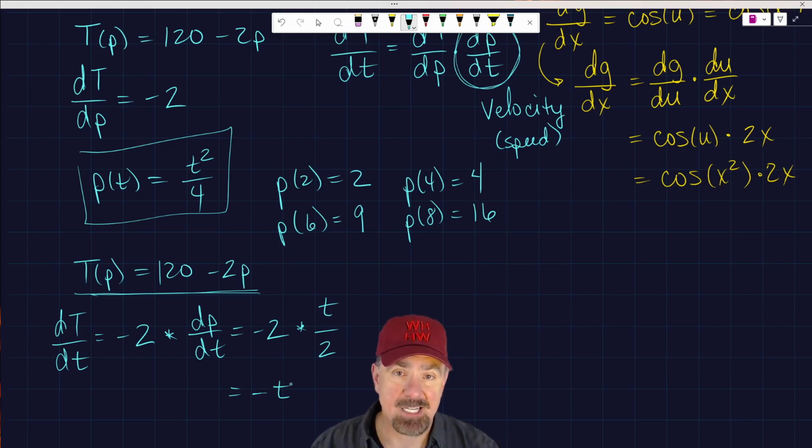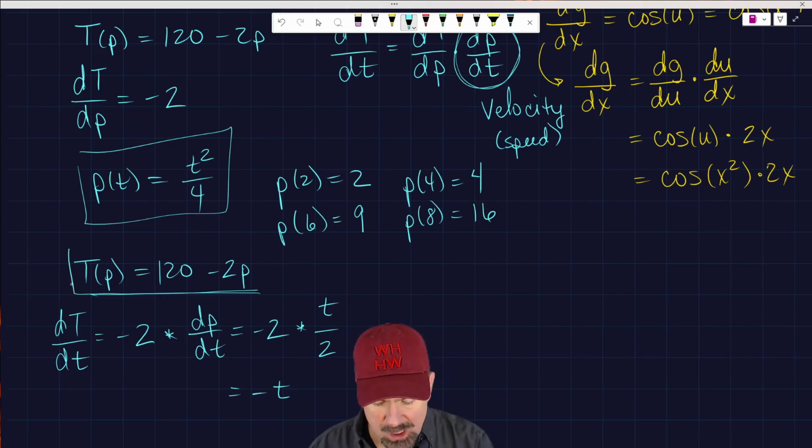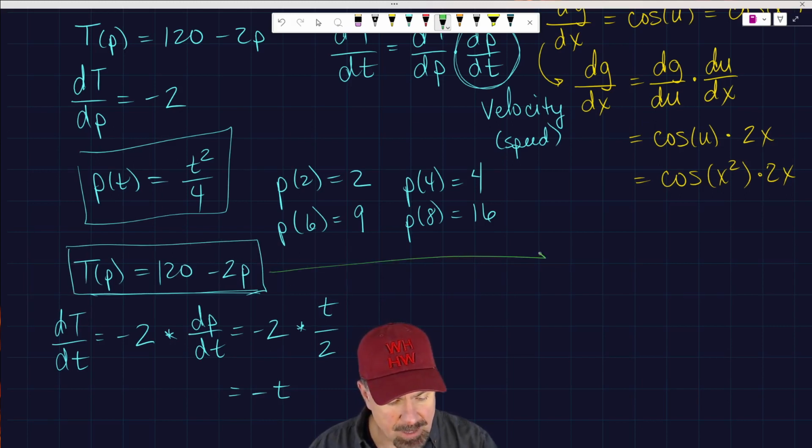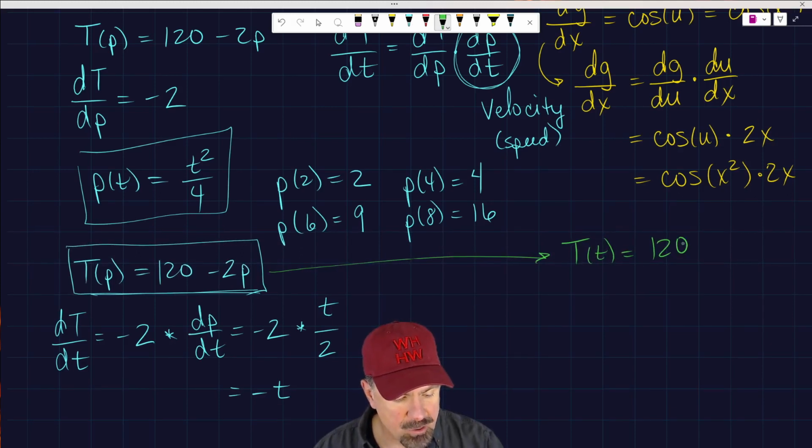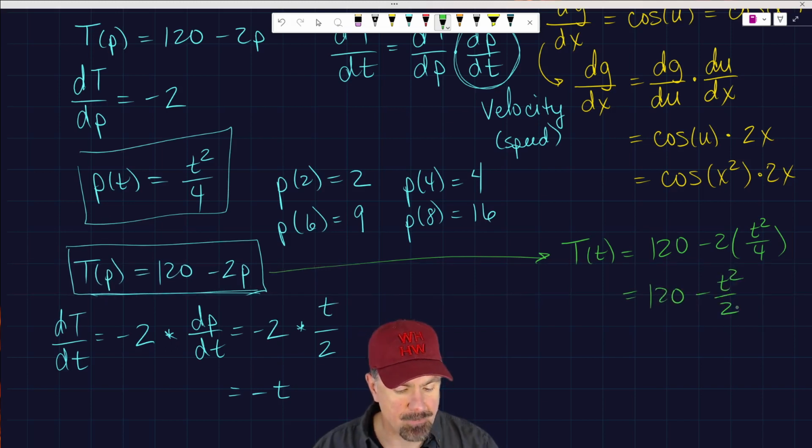Now, you may be asking one more item. Can I just take this equation and do a substitution? Can I simply substitute in so that T becomes a function of t, and I have 120 minus 2 times t squared over 4, which would be 120 minus t squared over 2?